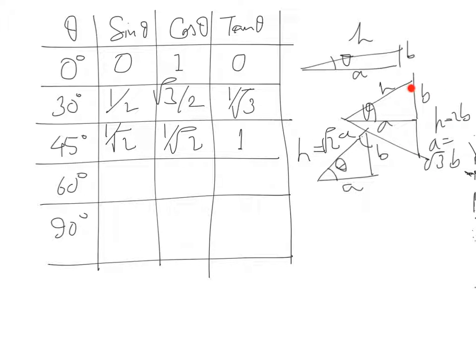And therefore we can look at this triangle as a right triangle with one angle as 60 degrees, the base as b, the vertical side as a, and the hypotenuse as h. Therefore it is clear that sine of 60 degrees is a by h, which is root 3 by 2. Cos of 60 degrees is b by h, which is 1 by 2. And tan 60 degrees is sine theta by cos theta, which is root 3.